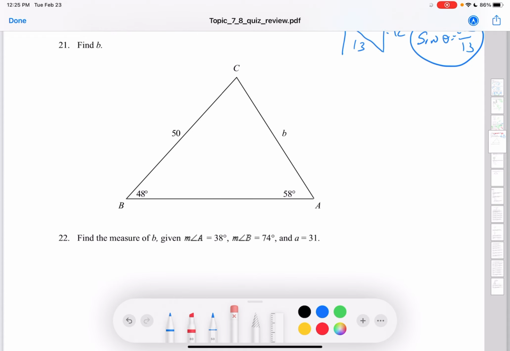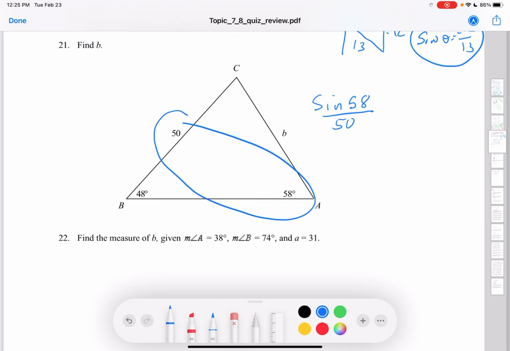All right, question 21. We've got to find B. We know the measure of an angle and its opposite side, so we use the law of sines. Sine of 58 over 50 equals sine of 48 over B. Cross multiply, so 50 times the sine of 48 divided by the sine of 58.